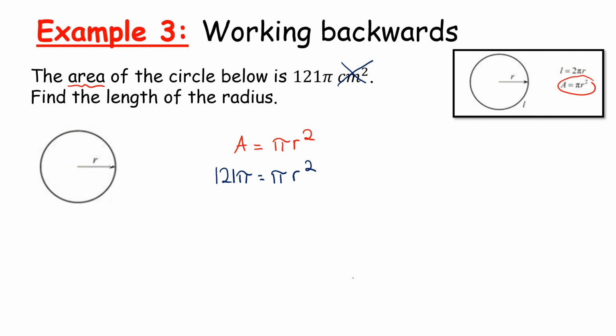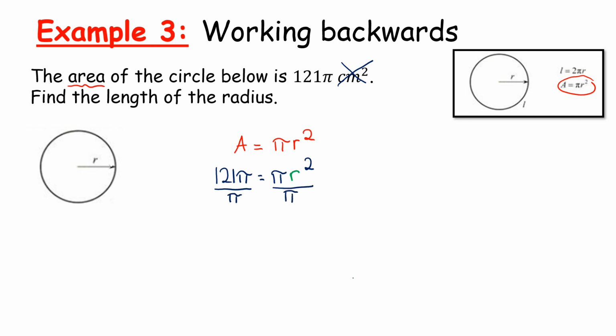So what I have here is a little equation. It can be really difficult to work with equations, especially when they have a pi. So one thing you can do is really highlight the number or the letter that you want. So I'm going to use green. And I'm going to show my r squared. So I'm trying to figure out that r. You could use a highlighter to do that as well. And there's a pi on both sides, so we can divide both sides by pi.